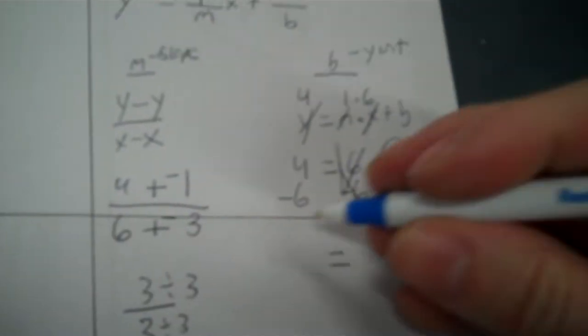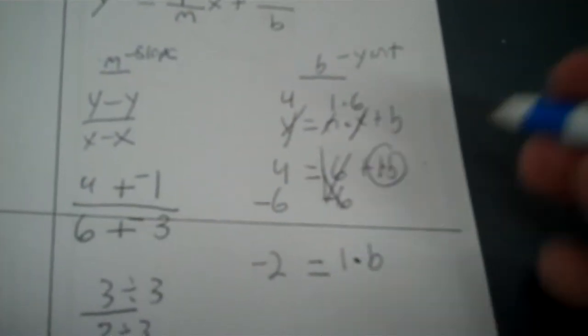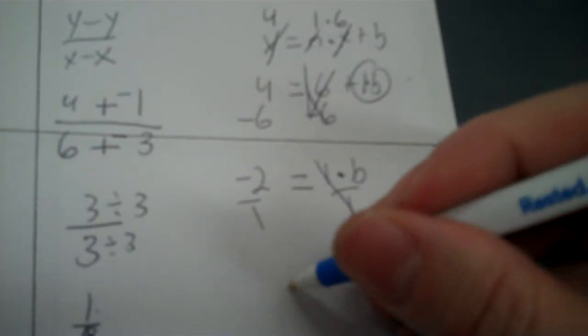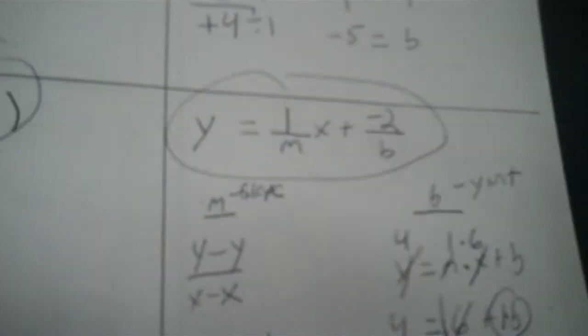And then 4 minus 6 is -2. Then you can divide by your 1, and -2 is equal to b. Okay, so there's your equation: y equals 1 times x plus -2, or x plus -2.